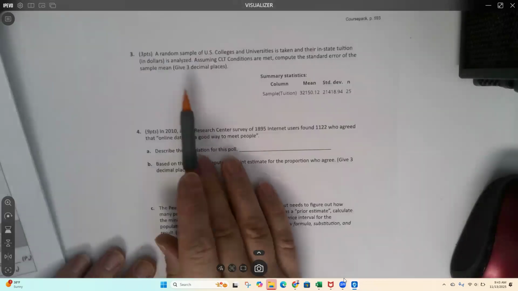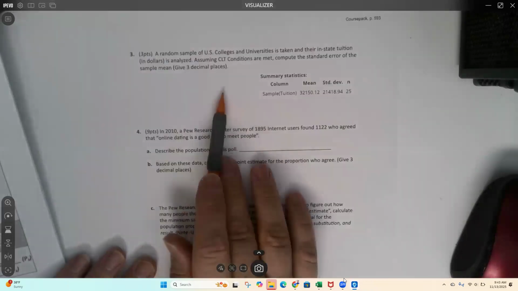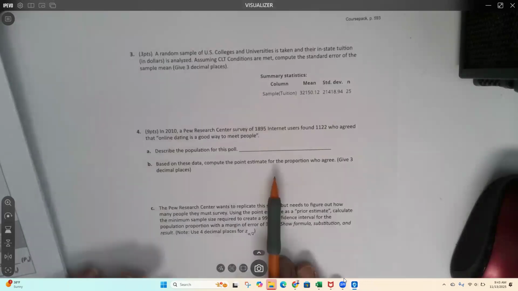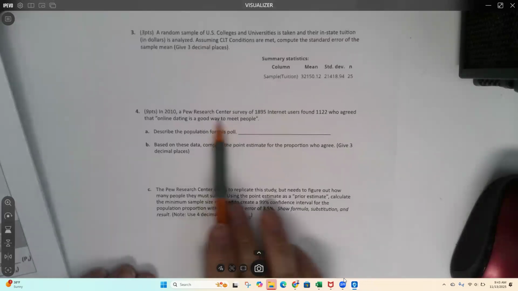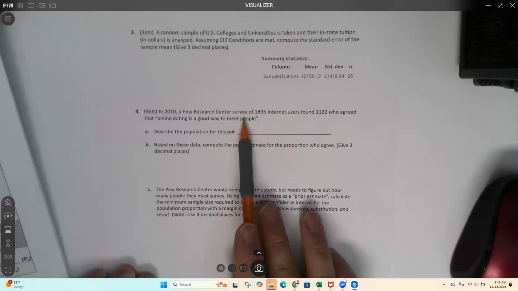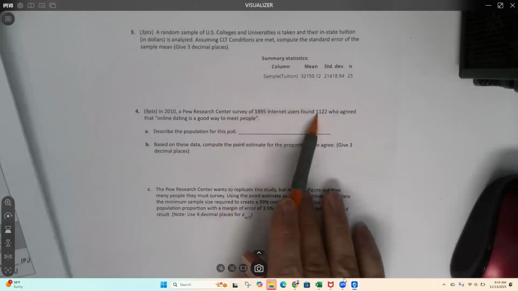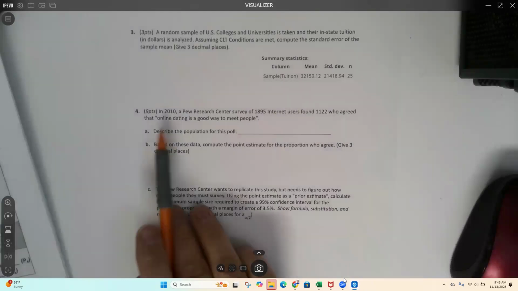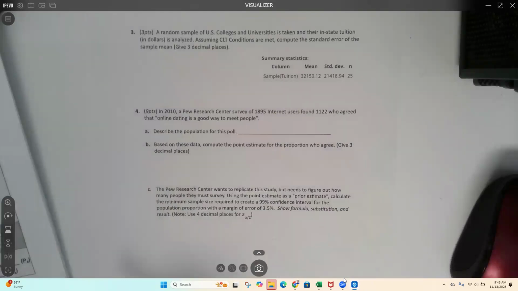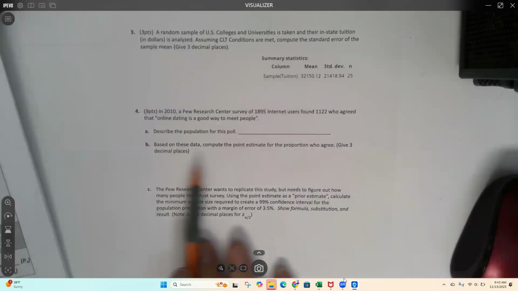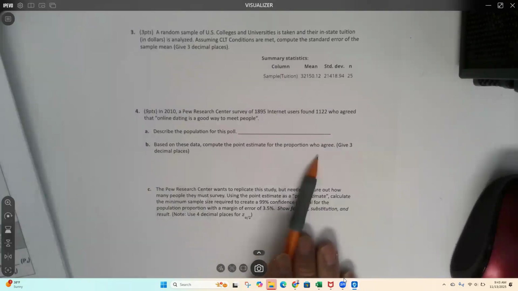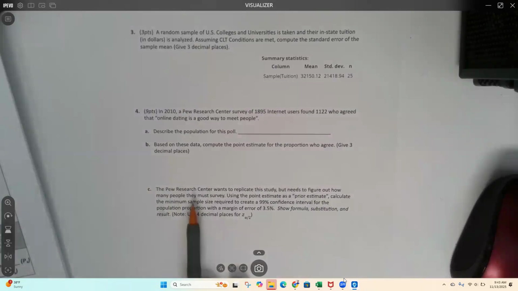So, all right. I'm going to skip this one. A Pew Research Center survey of internet users found there are 1,122 who agree online dating is a good way to meet people. Describe the population. Compute the point estimate. A researcher wants to replicate this study, but needs to figure out how many people they need to survey.